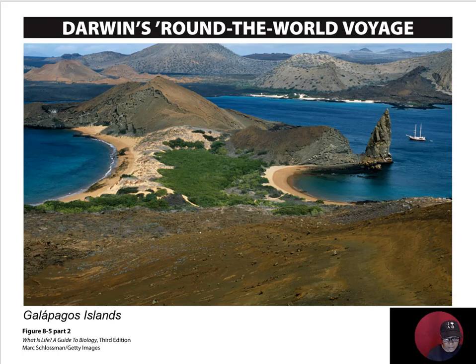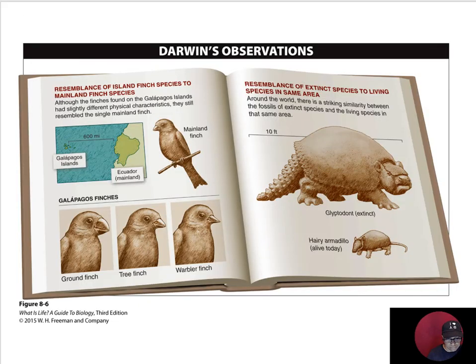So here, what we can see in this round the world voyage that he set off on, we have a look at the Galapagos Islands, and they are preserved and conserved today because they are so special. So what happened? It's all about observation, right? Remember when we were studying the scientific method, it all starts with an observation, right?